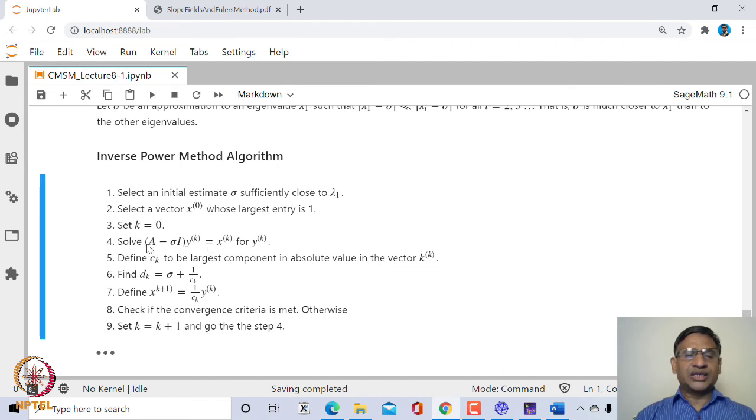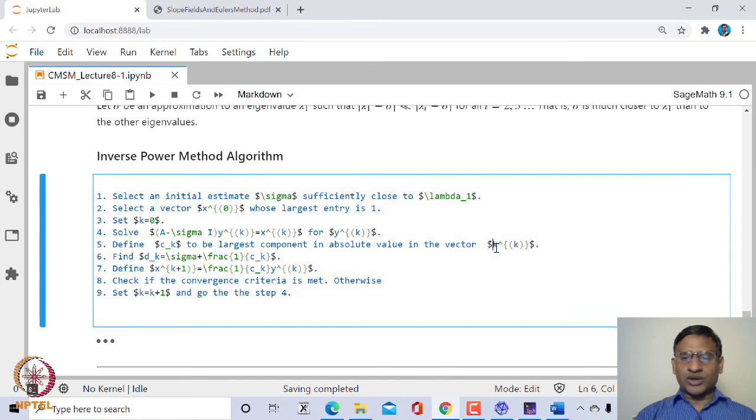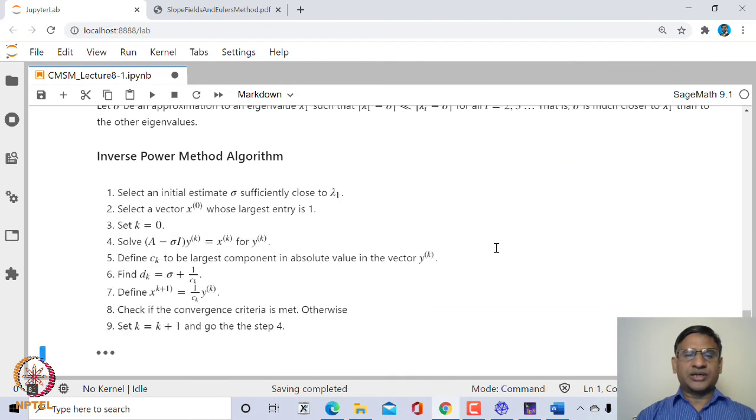Again you can see here, when we want to solve this, solving does not always involve finding the inverse. Solving can be done using other algorithms which do not require the inverse. So instead of finding the inverse, we are just solving A minus sigma I for yk, and then define ck to be the largest component in absolute value in the vector yk.